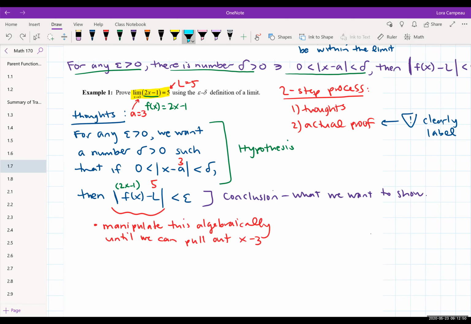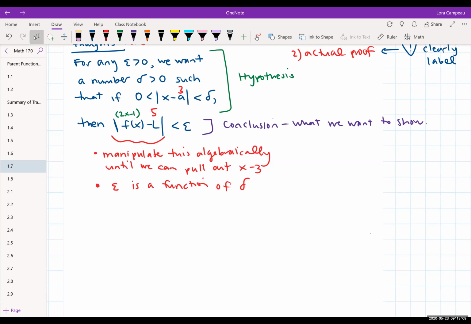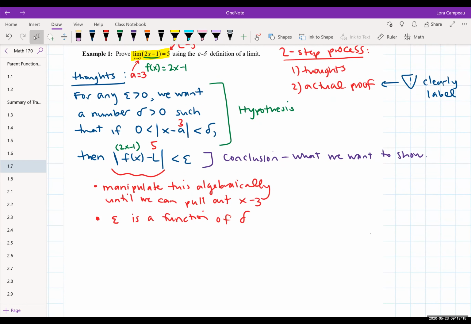And what's going to happen is no matter what we do, epsilon is always a function of delta. So it's going to be useful when we're going through this. So if I'm starting off, the idea, we are working backwards, and this is why the thoughts part is useful. Sometimes you can't tell going forward what to look for.